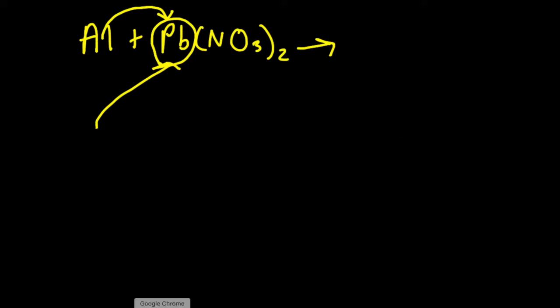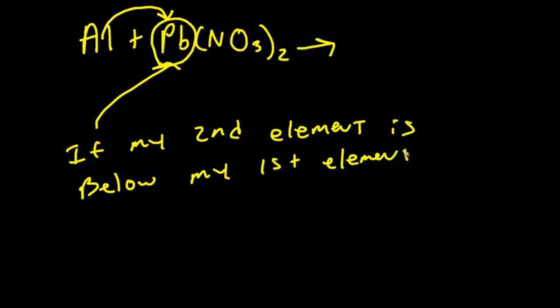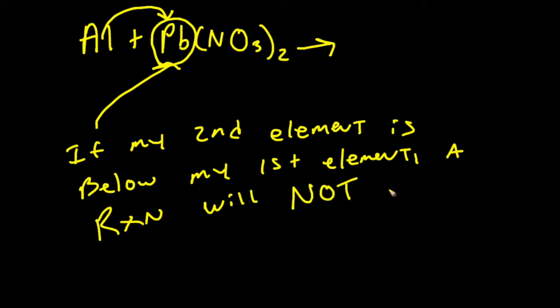Now, if my second element is below my first, and remember my first is the element in the compound, a reaction, remember RxN is reaction, will not occur.